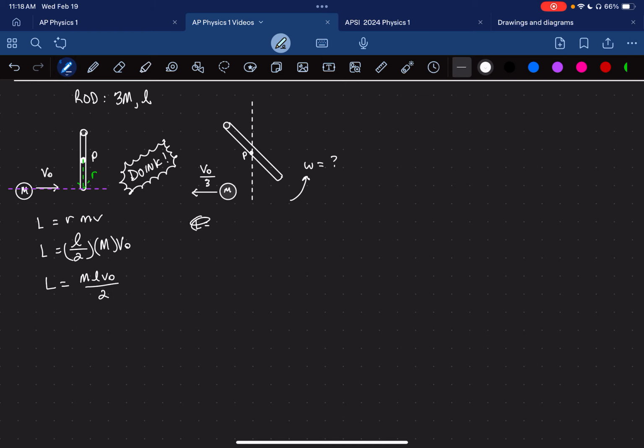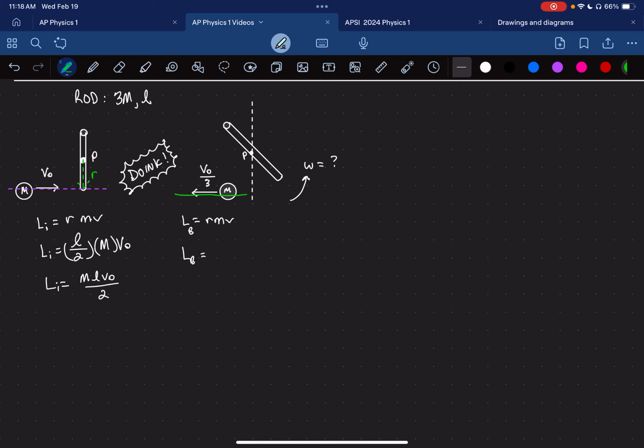On the right side, the ball has angular momentum and the rod has angular momentum, so we'd actually have to combine them. But I'll do this separately here. So L of the ball, and we can make this initial, by the way. L of the ball over here is r m v, and we'll do the rod in just a moment. r in terms of L is still the same.